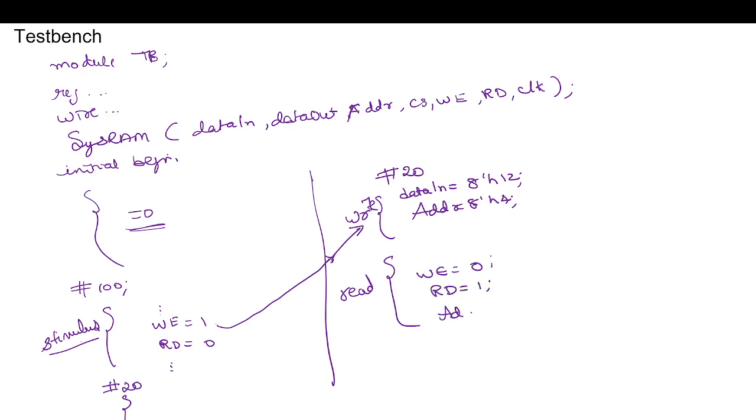Now I can read it from 8'h4. So in this way, we can write this test bench and then end module. This is the rough syntax for the test bench.